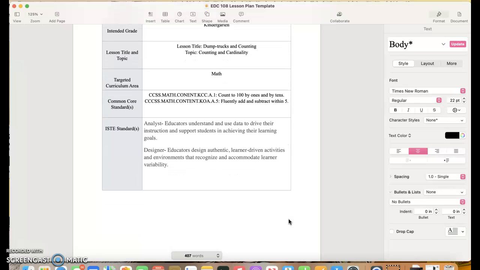My standards include analyst: educators understand and use data to drive their instruction and support students to achieving their learning goals. And designer: educators design authentic, learner-driven activities and environments that recognize and accommodate learner variability. The designer comes in because I will be using a smartboard, and not all students just need to sit and listen.